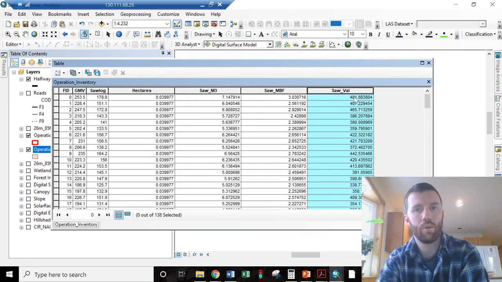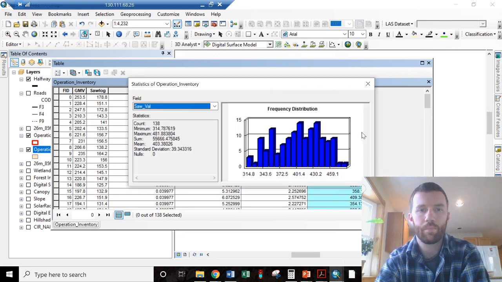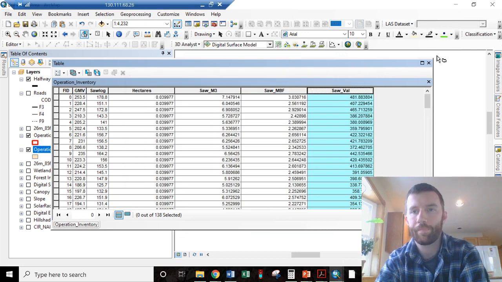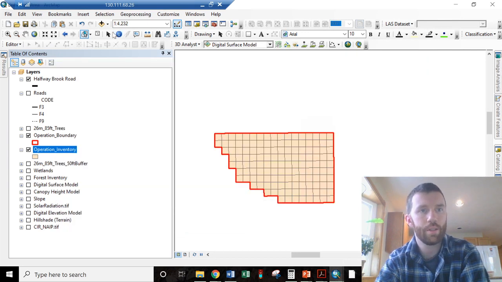So that saw has $481.88.3 cents. So $482 worth of wood in that 0.39977 hectare block. And the total value of saw timber is, let's see, $55,666.475845. So a pretty penny. Enough for your truck at least.